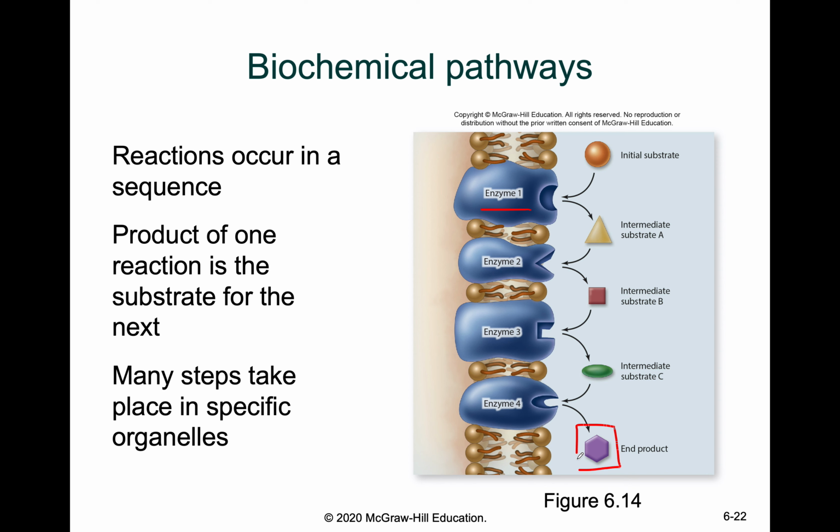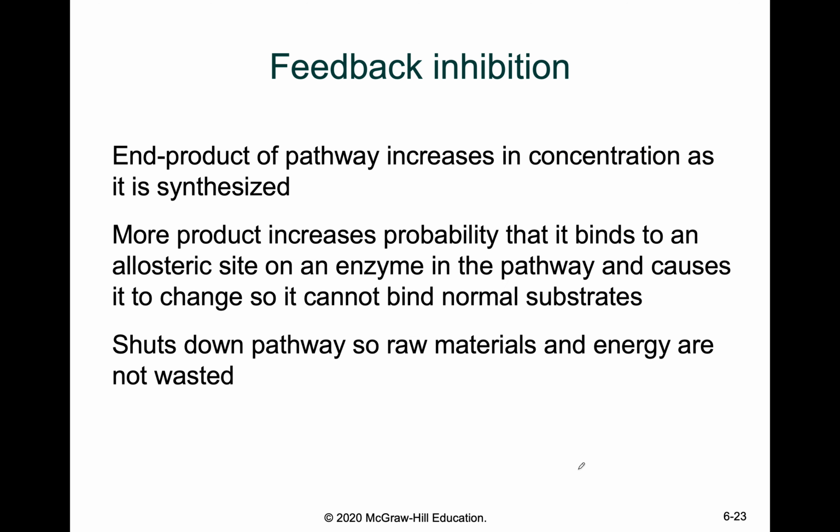So we care about this regulation because, one, you may have a few different enzymes in sequence that depend on all of the different steps happening in order. But there's yet another example, and that pertains to feedback inhibition.